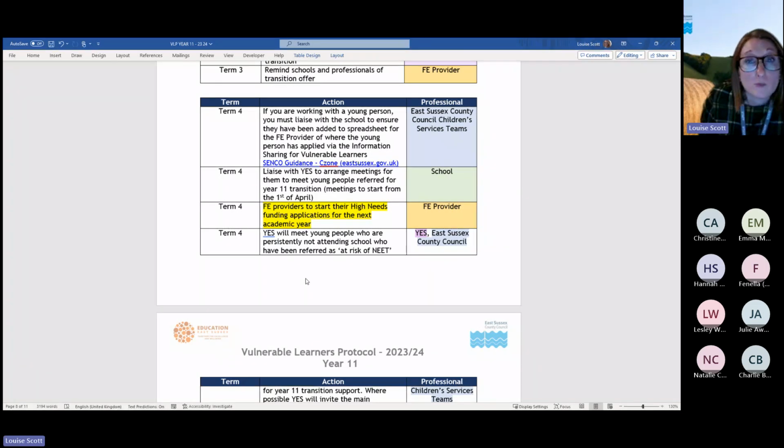As I say, we will go on to how best practice within your setting, but it is so important that you have a whole school setting approach to the vulnerable learners protocol. Even if it doesn't include you and you haven't got a direct responsibility for it, it's really important for people to know what is happening within the setting, and perhaps where they do fit into it, if they do, or if not, to be aware of it.